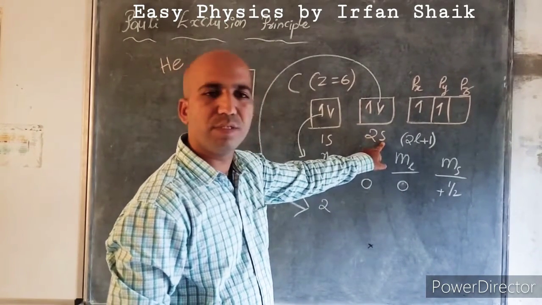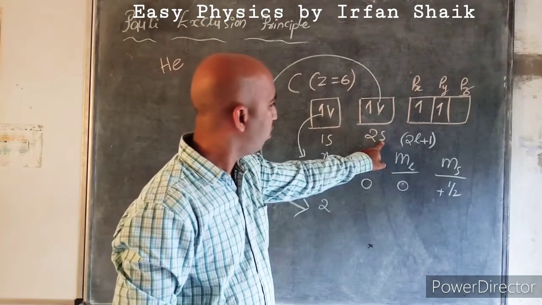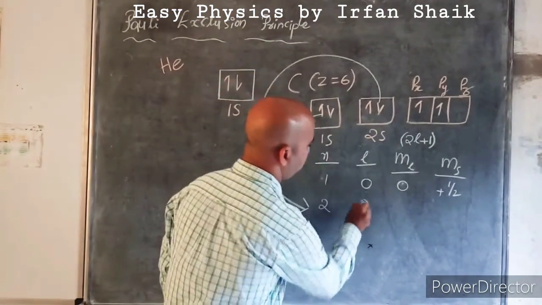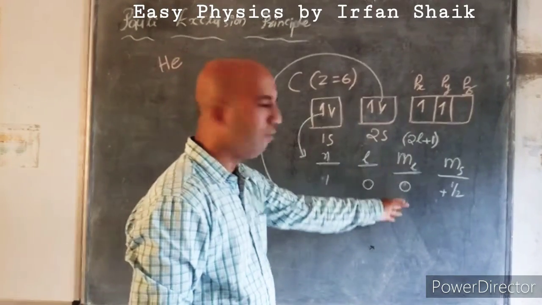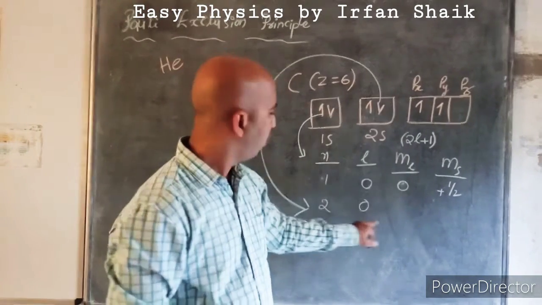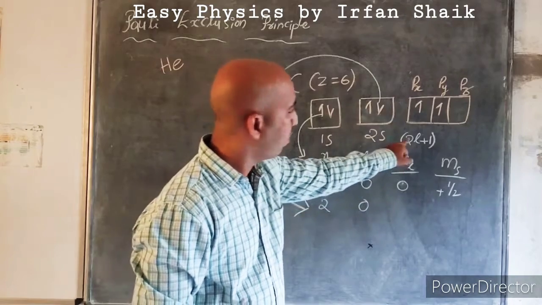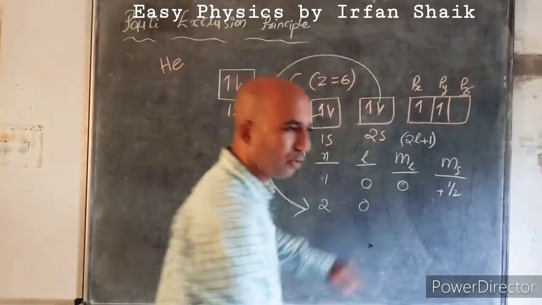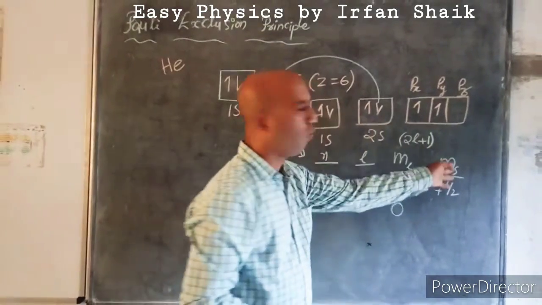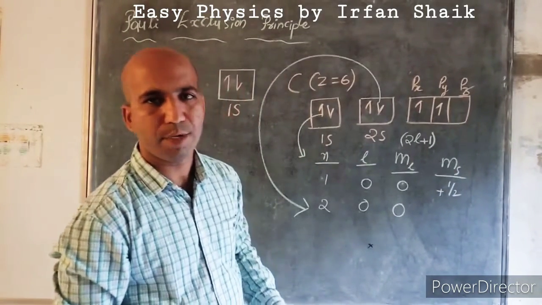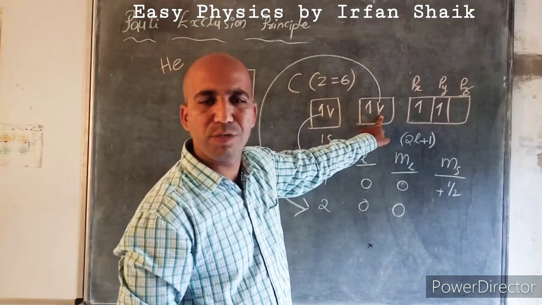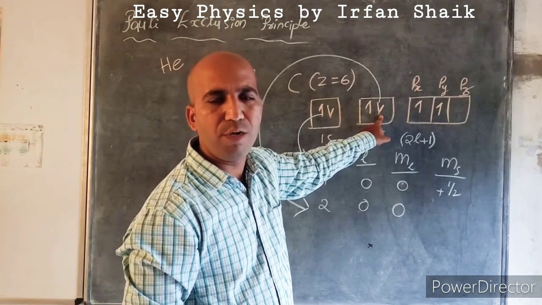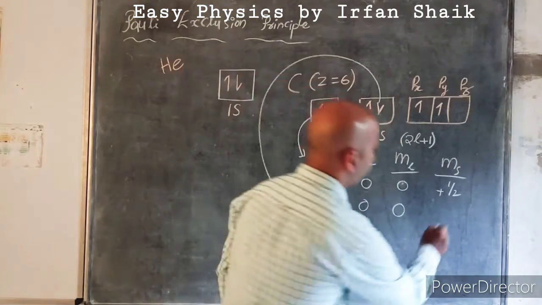This electron is in an s orbital, so the L value is 0. The ML value remains the same: if we substitute 0 in the formula, we get 1, so that one value is 0. What about the spin quantum number? This electron is in anti-clockwise direction, so its spin value is minus half.